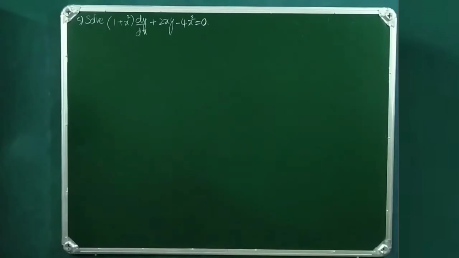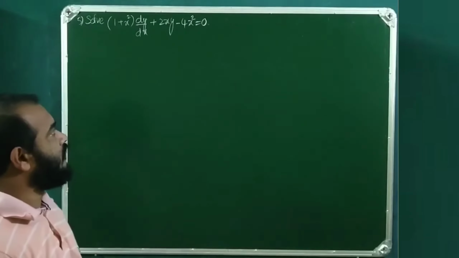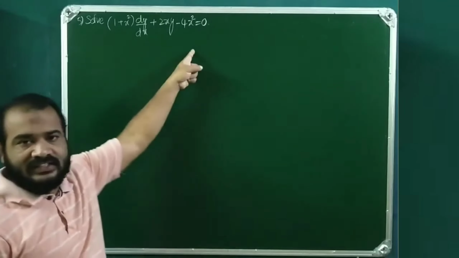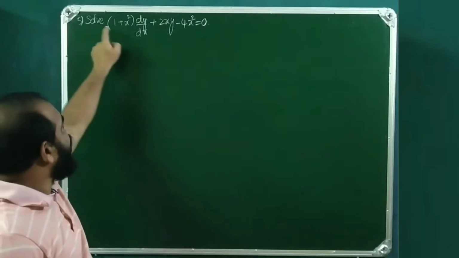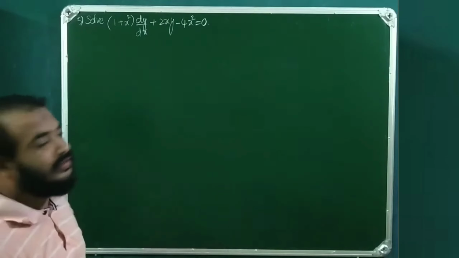y square is the integral factor. Solve (1 plus x square) times dy by dx plus 2xy minus 4x square equals 0. So here he is asking to solve this. That means we have to arrive at the general solution.